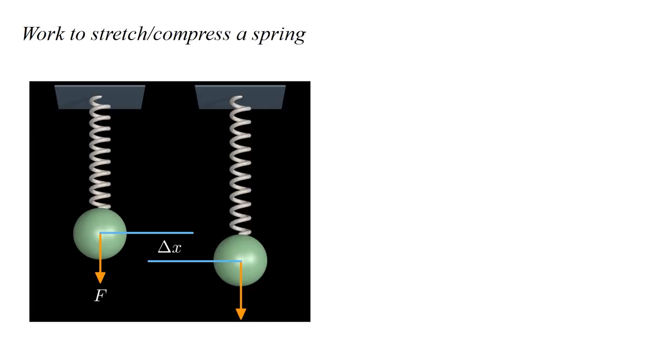Then we stretch the spring an additional distance delta x. The work done, call it delta W, is approximately the force F times the distance delta x. Approximately, because the force changes as the spring stretches. If delta x is very small, this change is very small, and the approximation is very good.